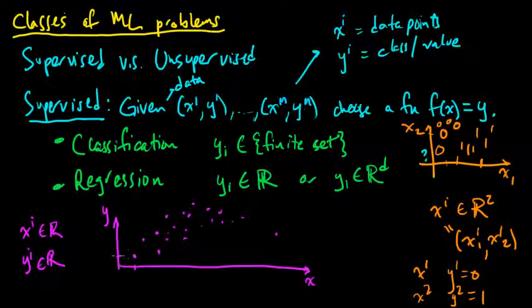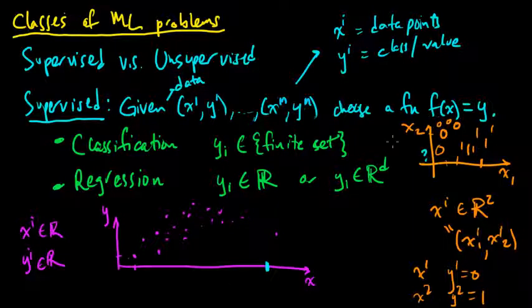Now your task is this: I give you an x, and it doesn't have a y associated with it. You need to figure out what y to associate with that value, or more generally, for any given x, what y you should associate with it.